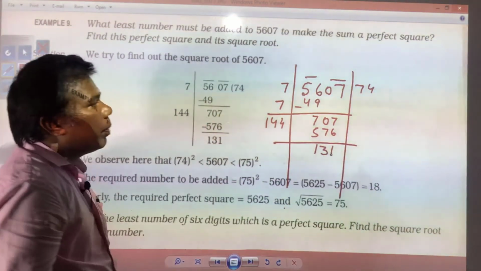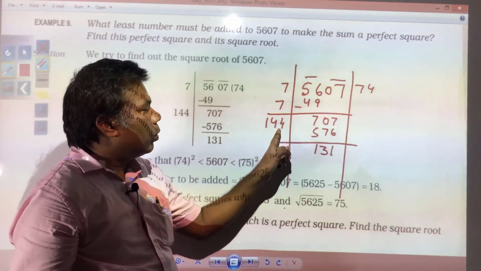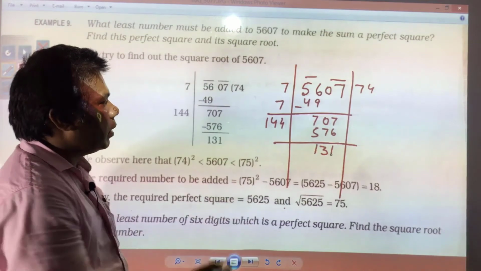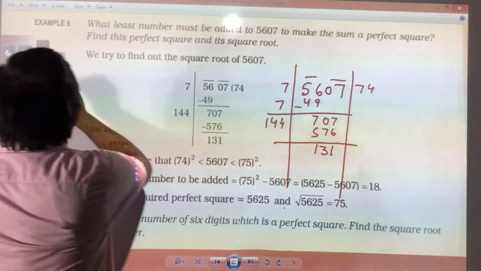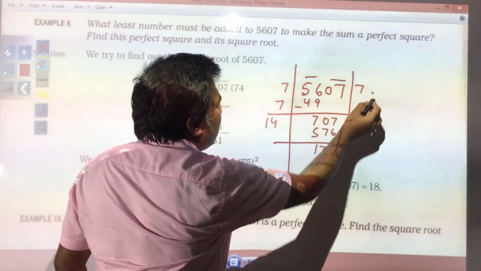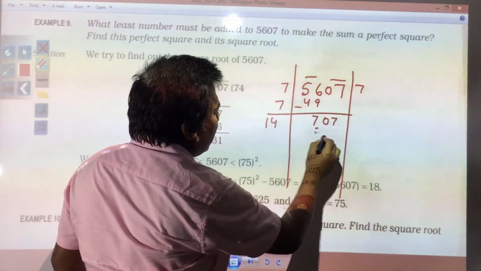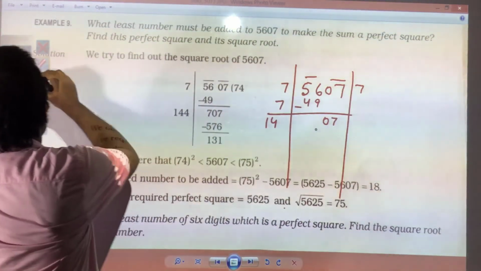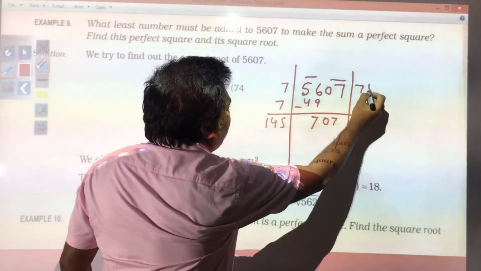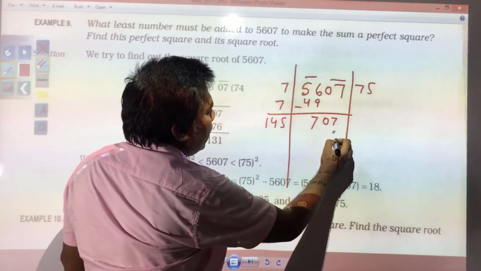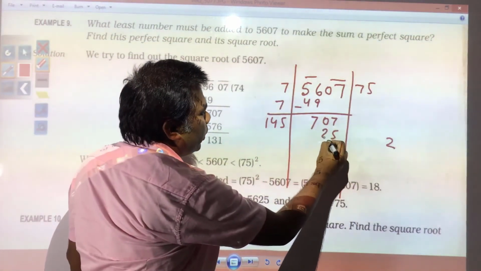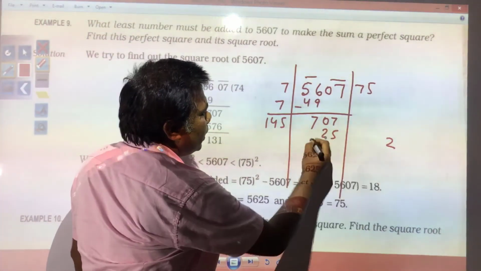131. But here you see, if not 4 times, if we multiply 5 times, then what will we get? 5 fives are 25, 5 fours are 20 and 2 is 22, 5 ones are 5 and 1 is 7.